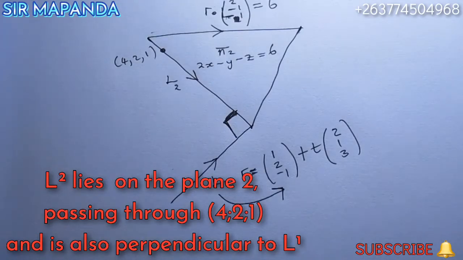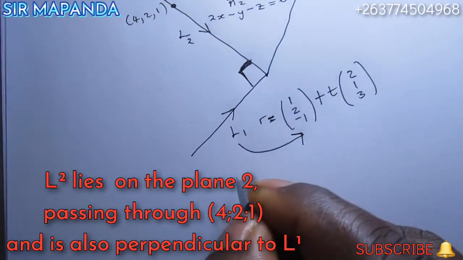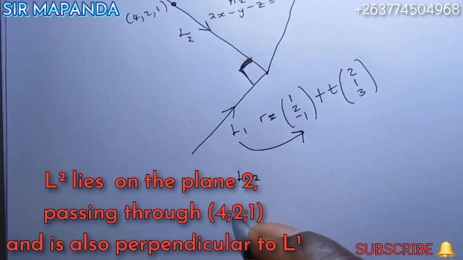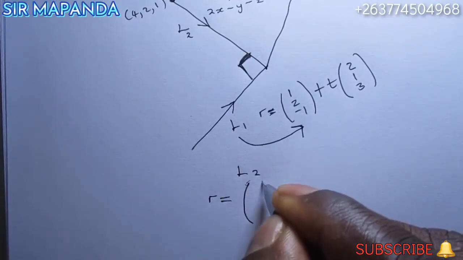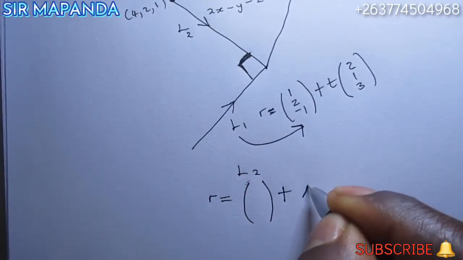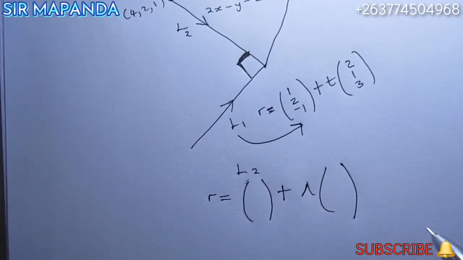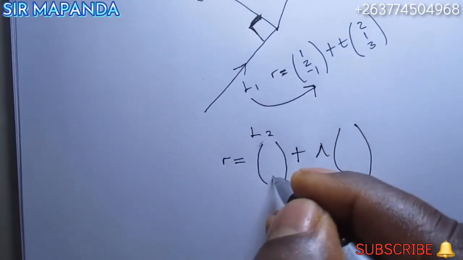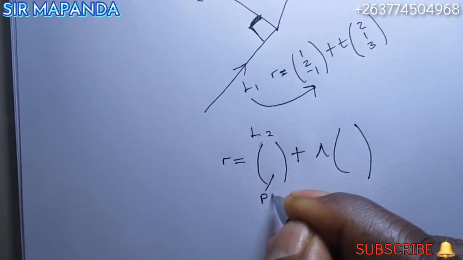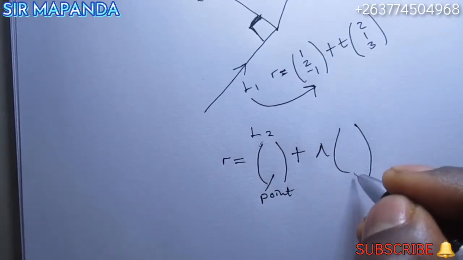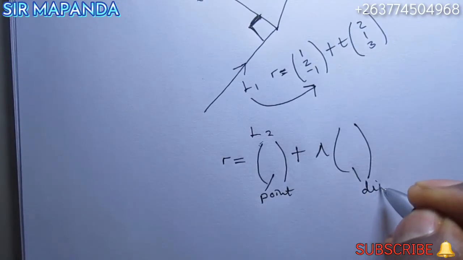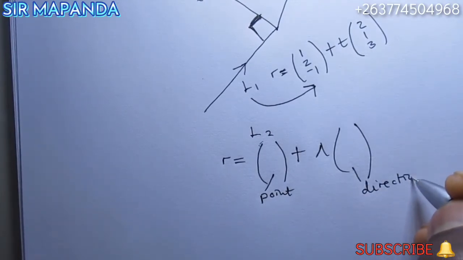Right. So remember, to find the equation of L2, the form we have is r = (bracket) + lambda (bracket), something like this. This bracket represents any point which is lying on that line. And this bracket denotes the direction of the line.